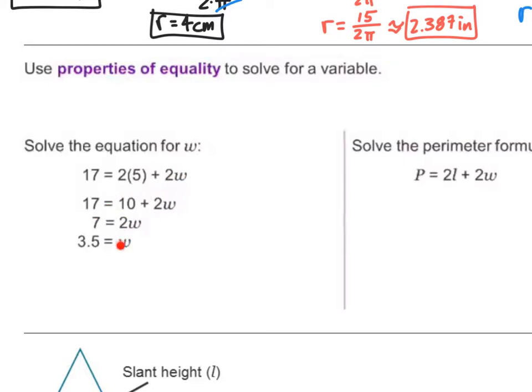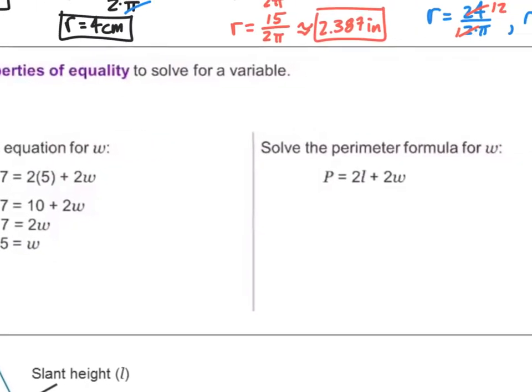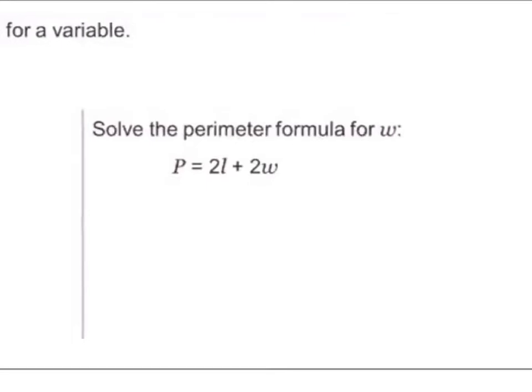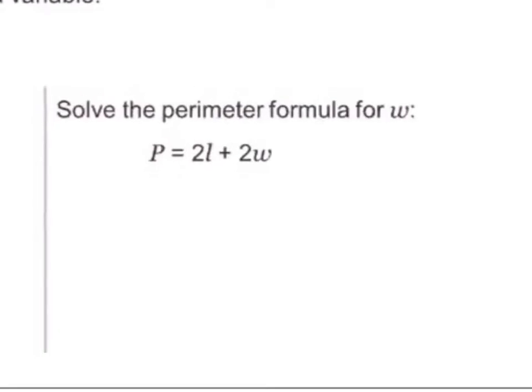This is the same thing that you would normally do. But what we want to do is solve this formula over here for w. What you notice is that this is the perimeter formula for a rectangle, and you've got P is equal to 2l plus 2w. So what I want to do is just solve for w.